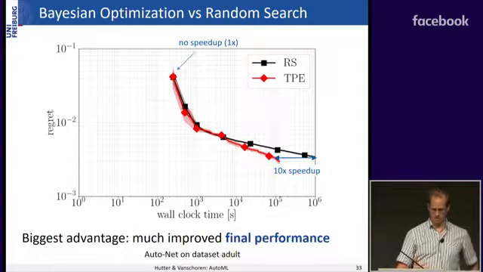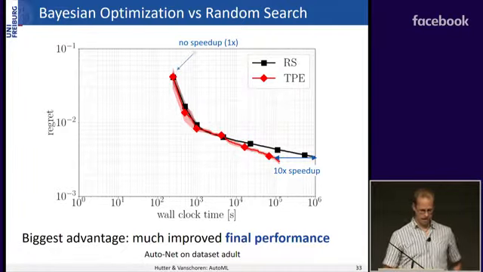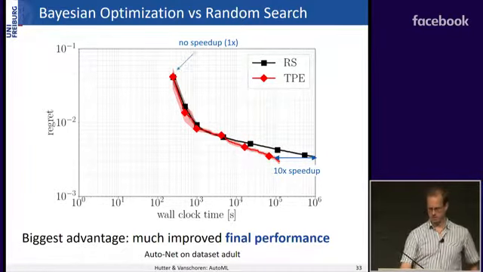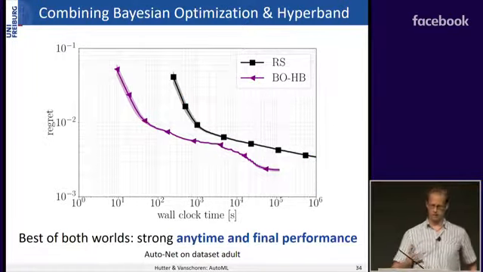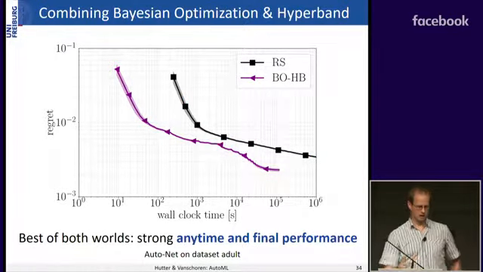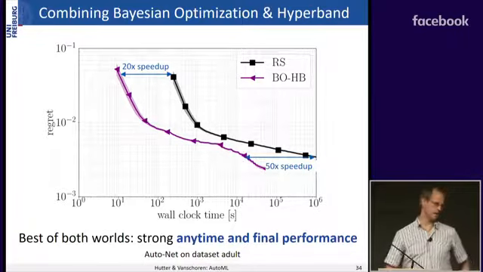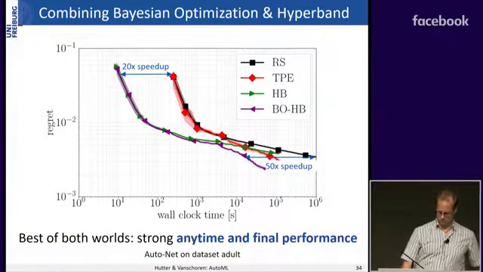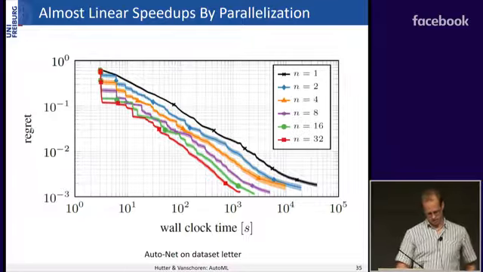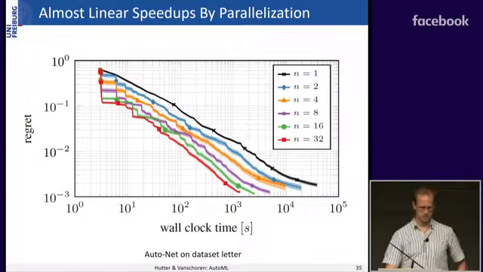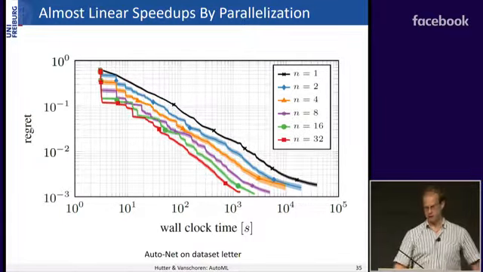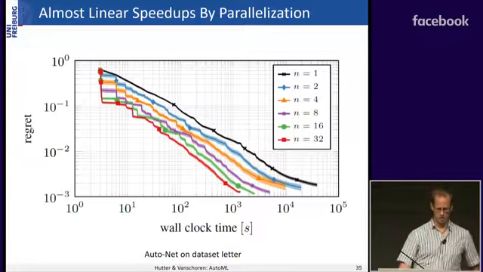But if you learn from scratch, then it's not going to be better than random search to start with. But using multi-fidelities, you can actually make it better than random search in the beginning and also in the end. So this Bob approach has almost linear speedups by parallelization. So that is also not a problem.